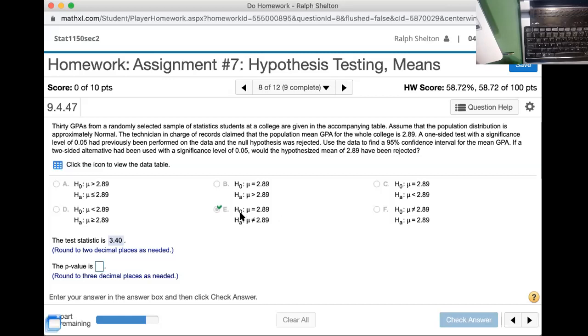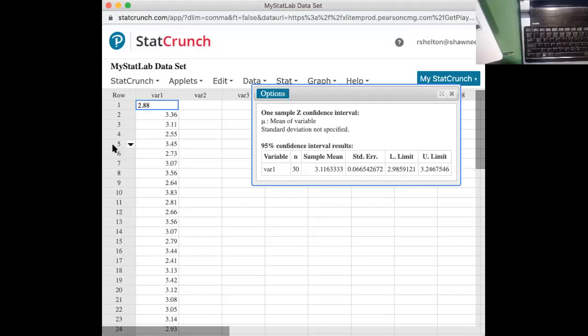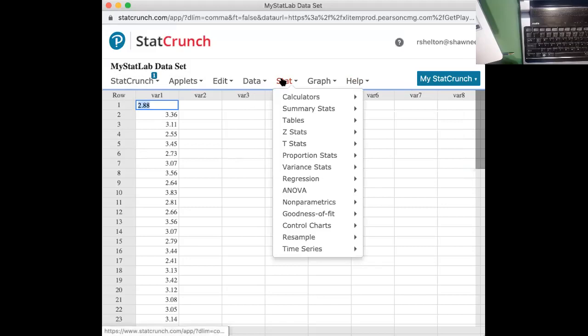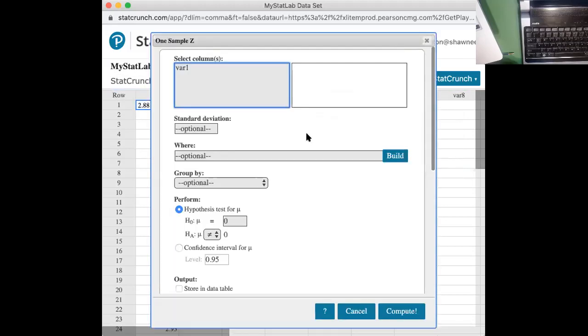So we're going to go back to StatCrunch again, and I'm going to share this screen with you. Back in StatCrunch. Now there's two different ways you could get the p-value. You could go Stat. We know we're doing Z stats. One sample with data. We've done that before, right?